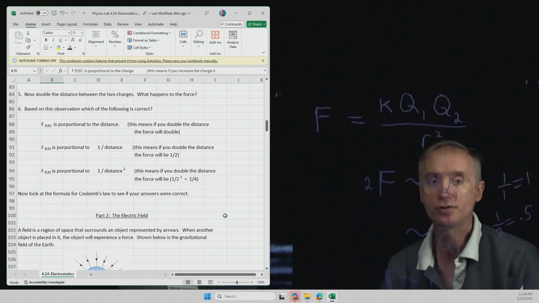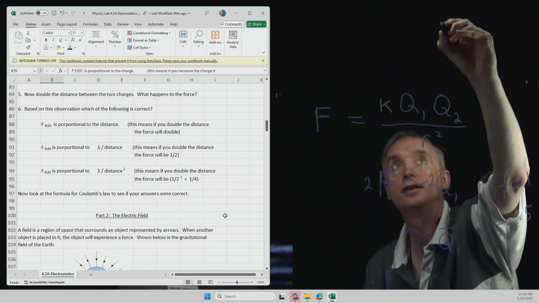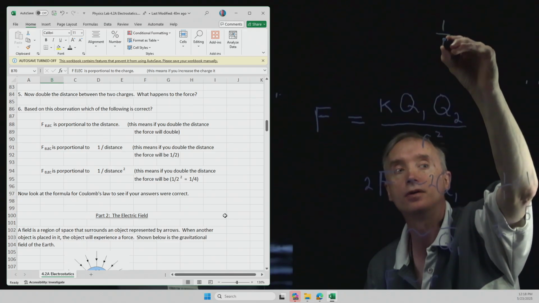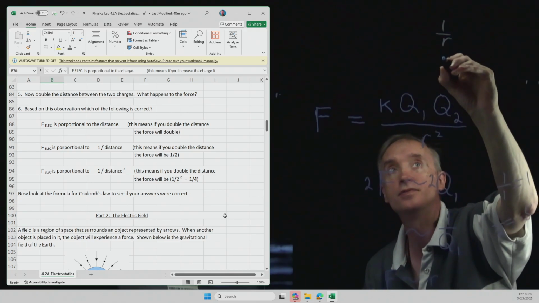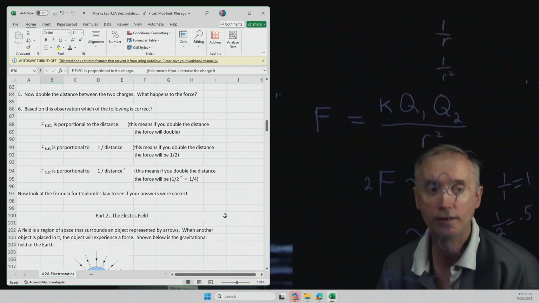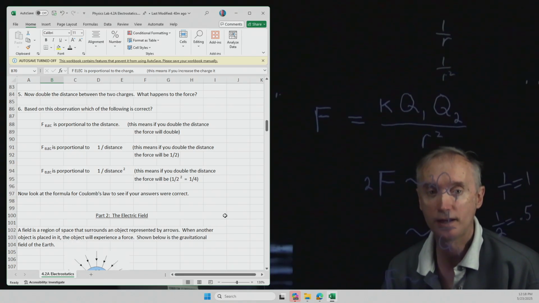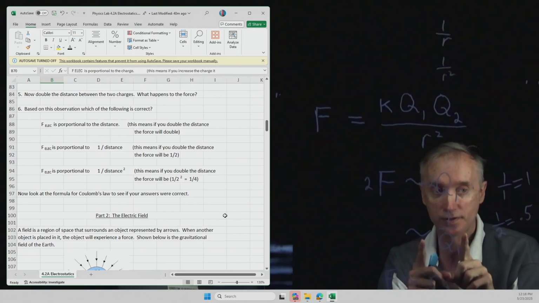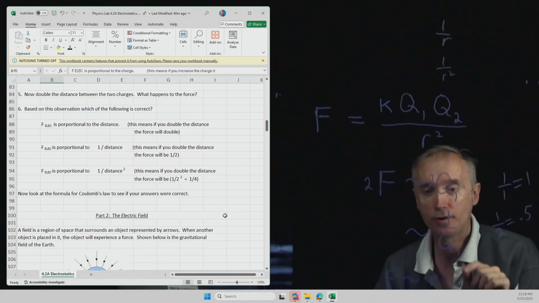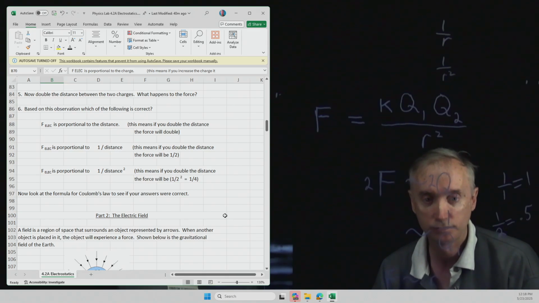So now our question is, how do we know whether it's 1 over R or is it 1 over R squared? So there's a way of telling. What you're going to do is set the R to a certain distance. Write down on a piece of paper what is the force.